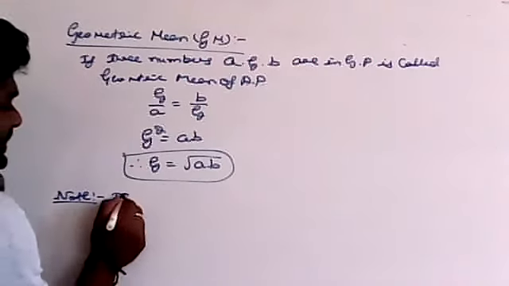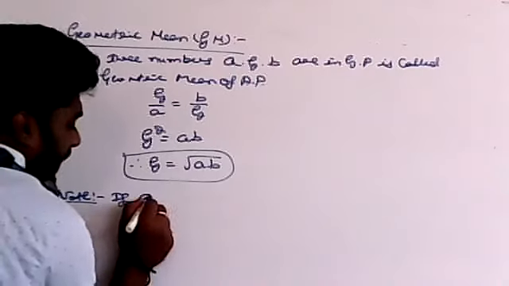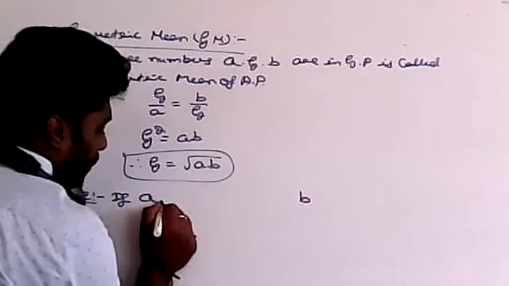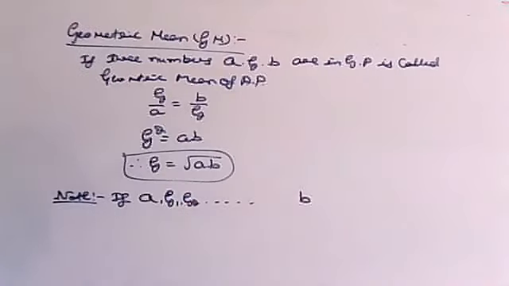Same thing. There I have taken what, in between a and b? A1, A2, A3. So here, in between a and b, I'm going to take what? G1, G2, so on up to Gn. Correct or not?